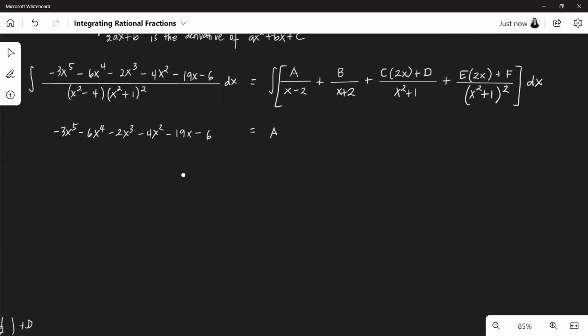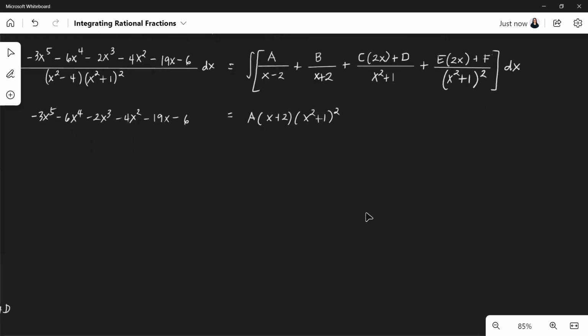So that means we have x plus 2 and x squared plus 1 quantity raised to 2 left. And then for the second term, we'll remove x plus 2. So we have x minus 2 and x squared plus 1 quantity raised to the power of 2.